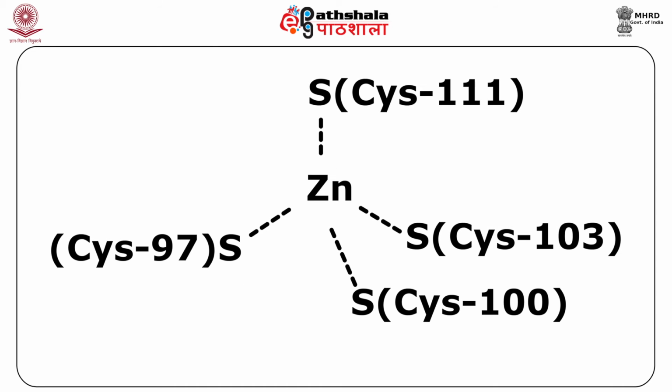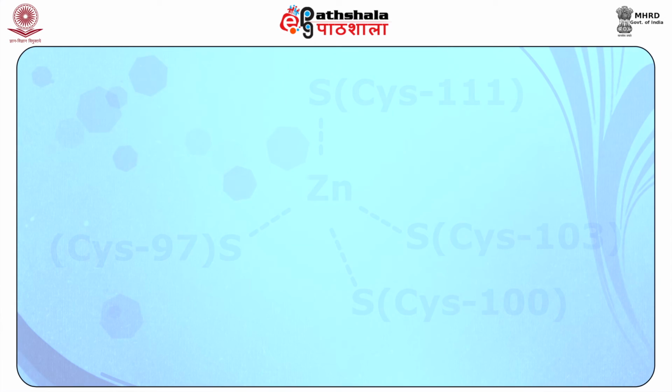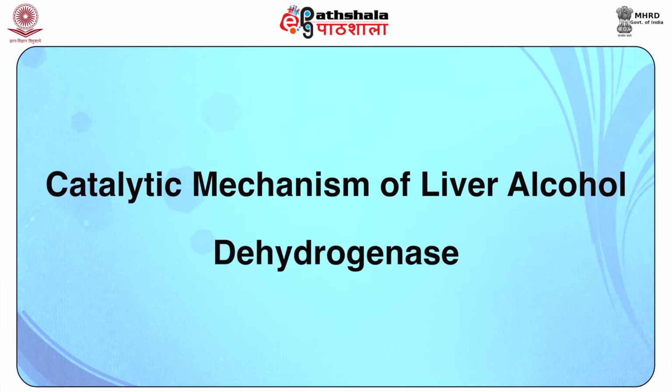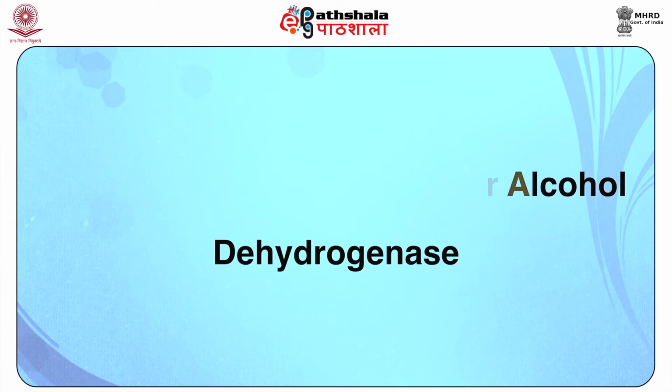The structural zinc is close to the protein surface but inaccessible to the solvent. It is coordinated to 4 cysteine thiolate ligands, cysteine 97, cysteine 100, cysteine 103 and cysteine 111, in a regular tetrahedral arrangement. Let us now understand the catalytic mechanism of liver alcohol dehydrogenase.